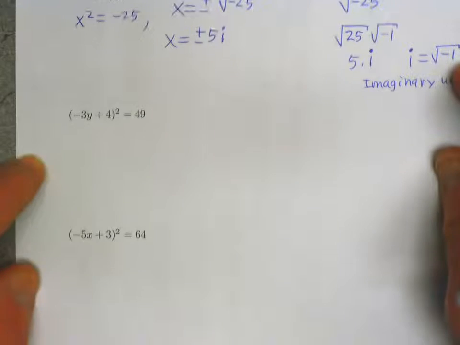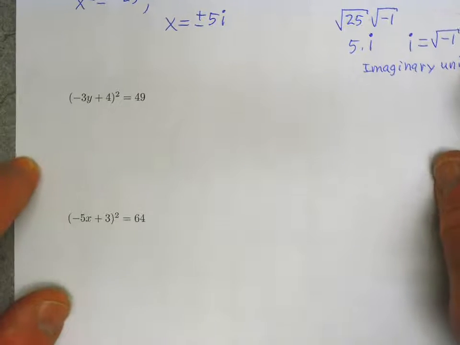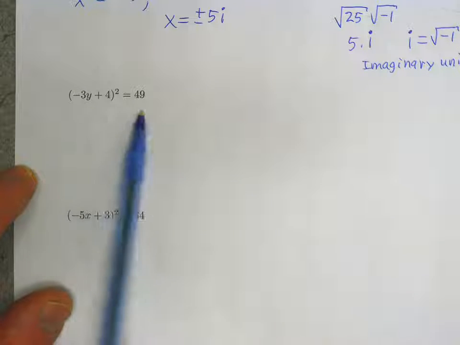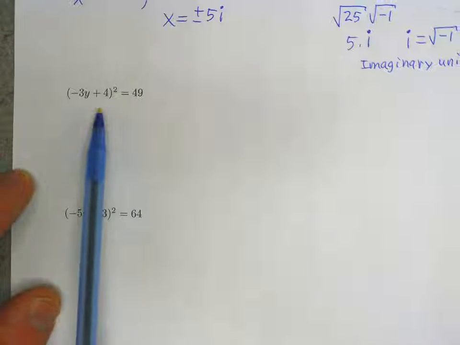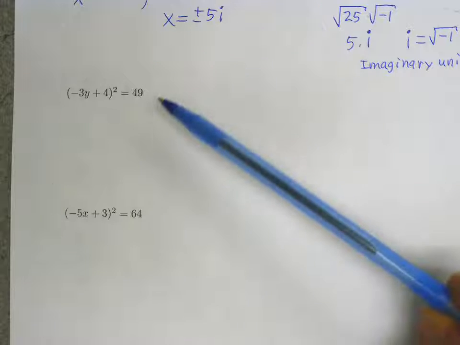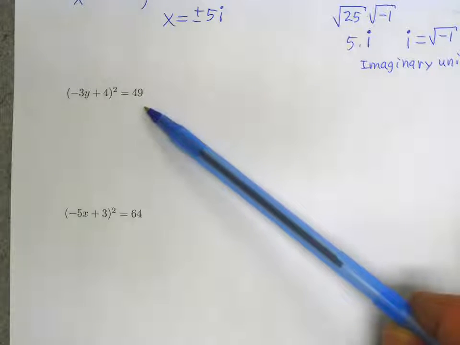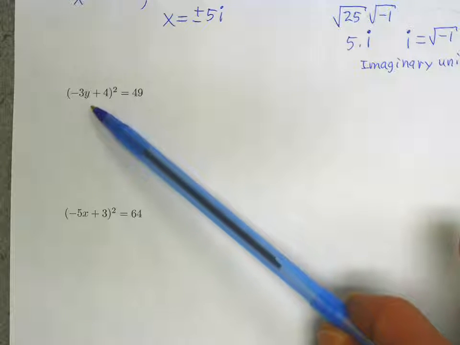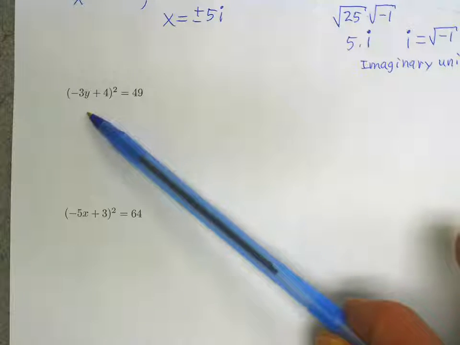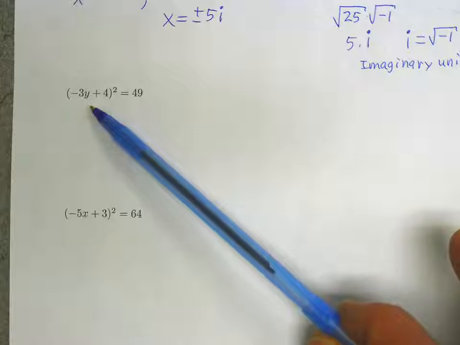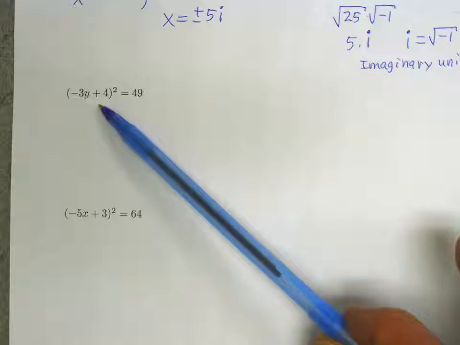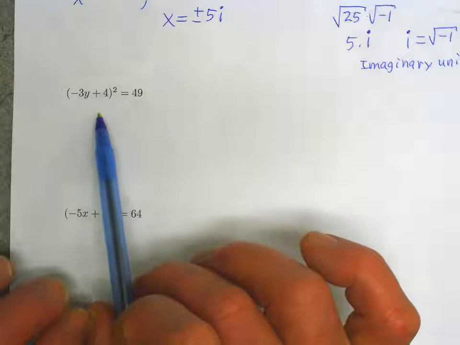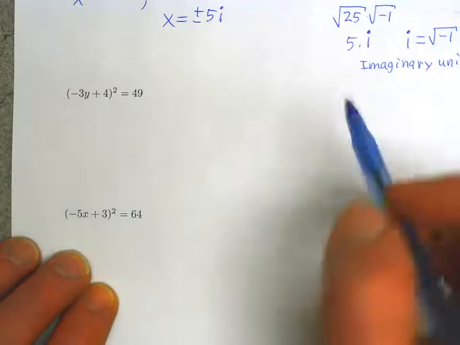Okay, the next example, this will be just a little bit more annoying maybe. Not that hard, just some of the arithmetic. It's not that bad. But we have the binomial negative 3y plus 4 squared equals 49. So this is all set up to apply the square root property.